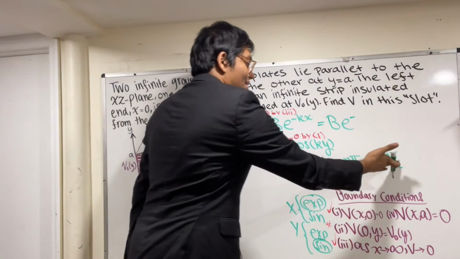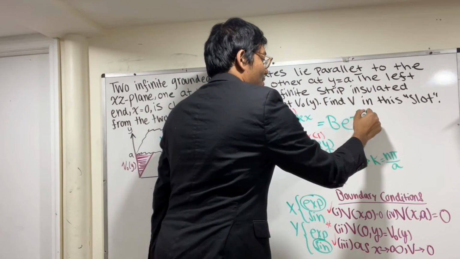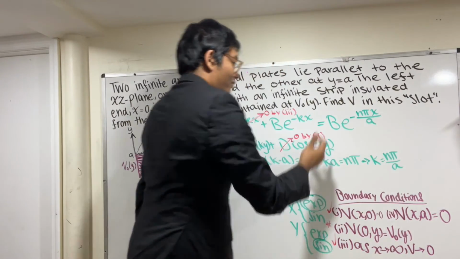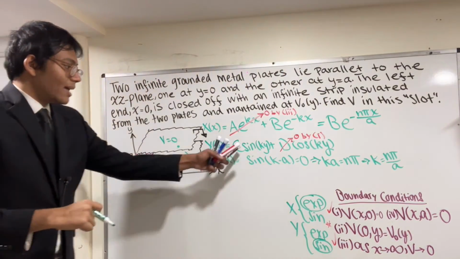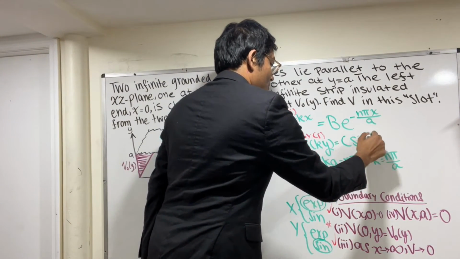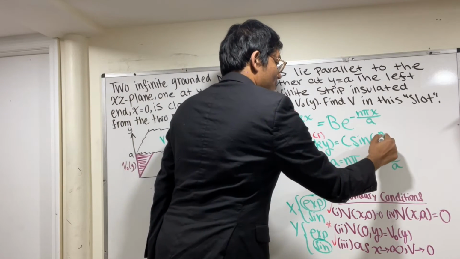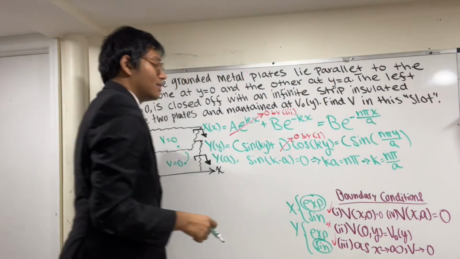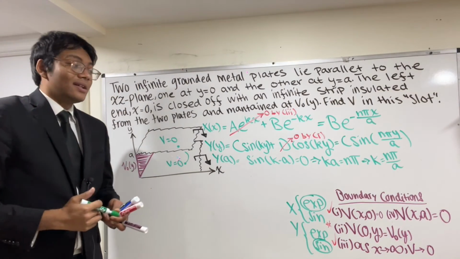Well, I know what k is now, so why don't I just plug it in? n pi times x over a. Voila. And how about y? So y is c sine ky, but I know what k is, simply n pi over a. And voila.